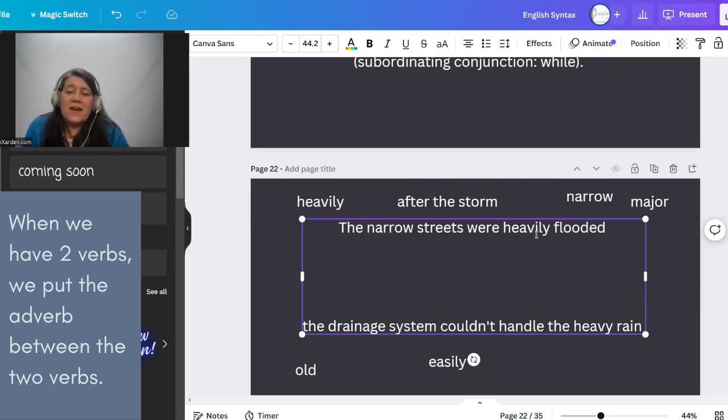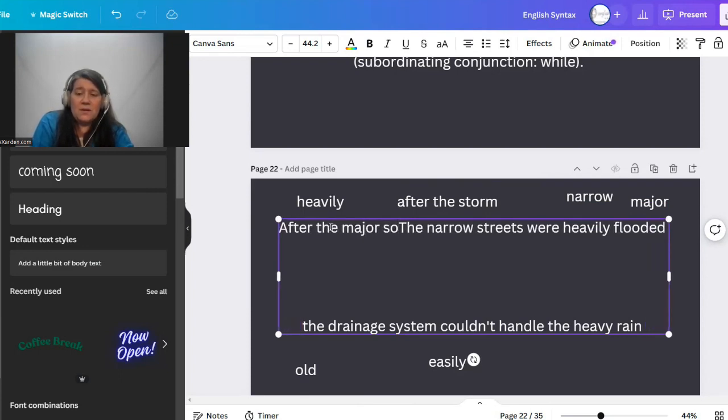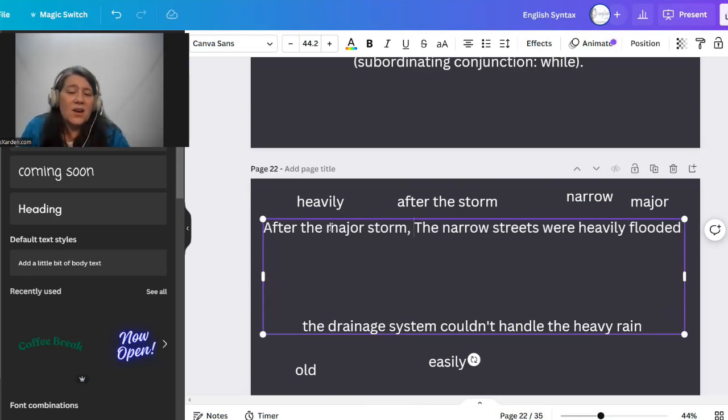The narrow streets were heavily flooded. And then where do we put after the storm? After the storm can come before the noun or before the whole sentence. And then we have it, we say after the major storm, comma. If I put it there, I need a comma. If I put it here, I don't need a comma.